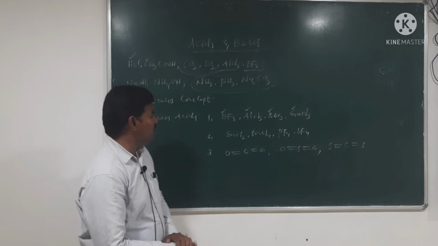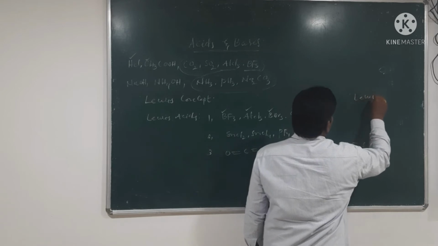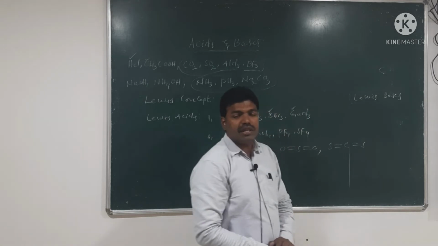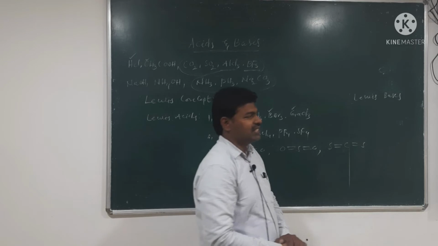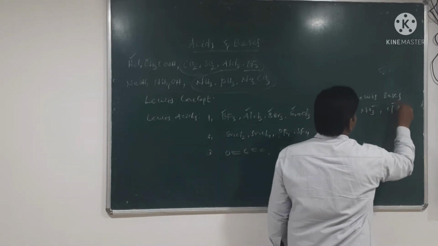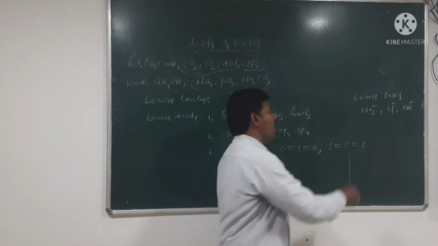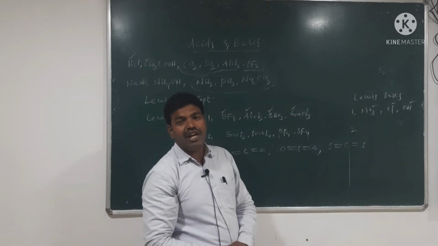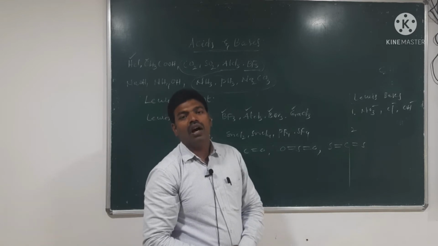And Lewis bases are simple anions. Simple anions can act as Lewis bases. Examples are NO3 minus, Cl minus, OH minus ions. And molecules containing one or more unshared pairs of electrons can act as Lewis bases.